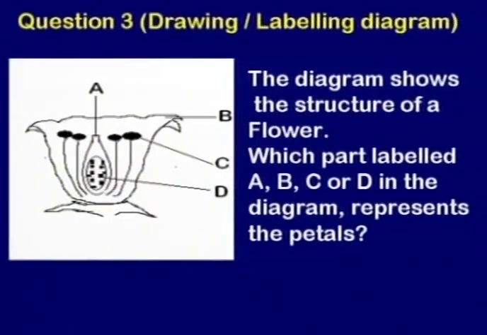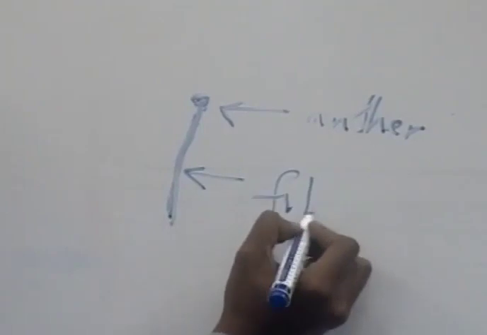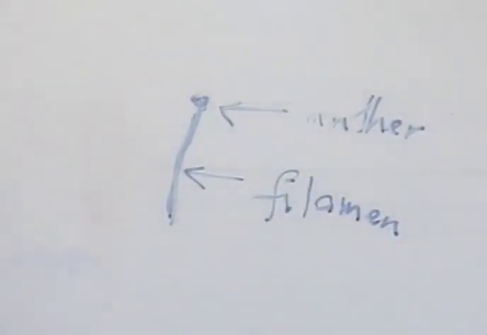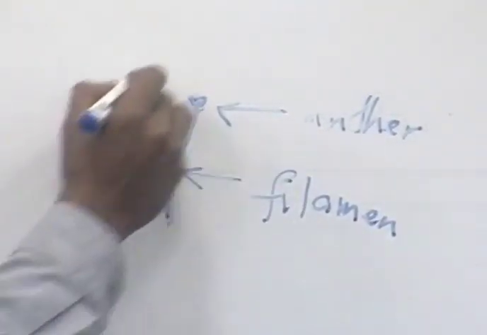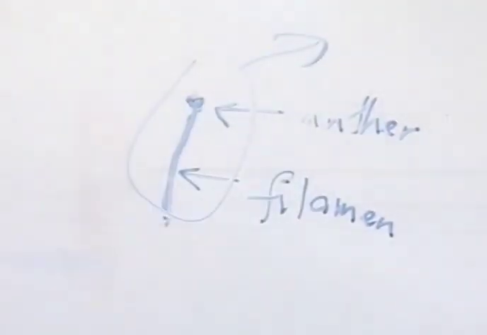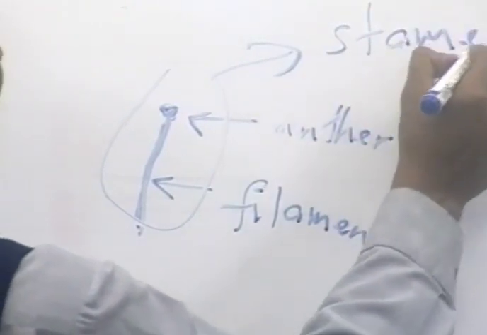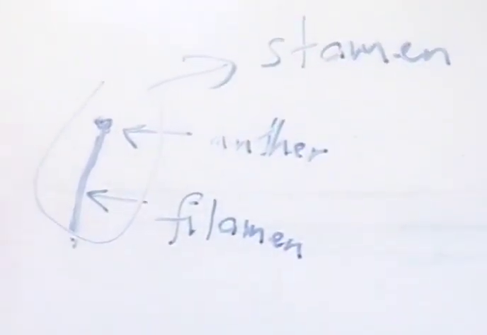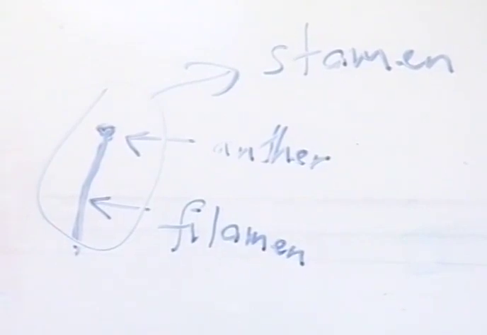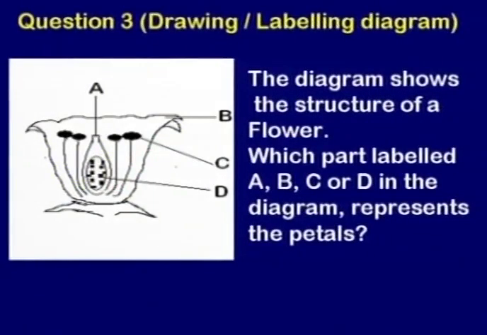That's the correct answer. All right. We have this part, the anthers. This part is called a filament. And all of this is called a, Paul, what did he say? All right, stamen. So those are the parts. And the last one, D, is the ovary.